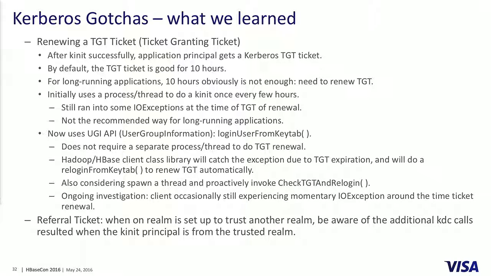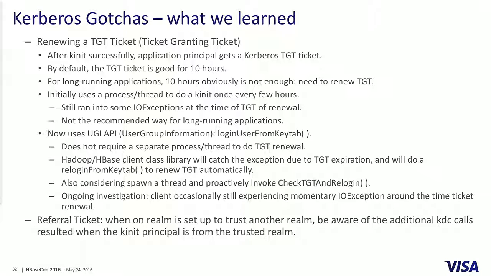Now, just a refresh: after you kinit, the application principal gets a Kerberos TGT ticket from your realm, and then the TGT is good for 10 hours. Now, for a running application, obviously 10 hours is not enough, so you need to renew it. During that renewal process, this is where we observe some kind of exceptions.